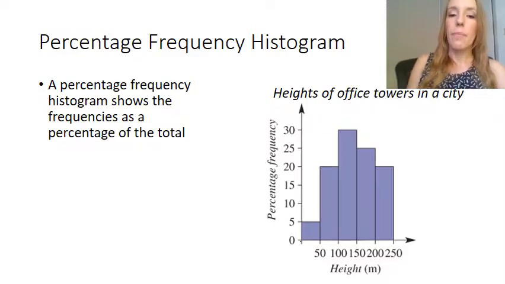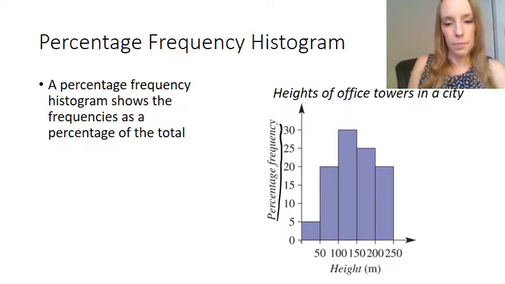And then if you follow it up, a percentage is on the side. So a percentage frequency. For instance, 5% of the buildings are under 50 meters tall. 20% of the buildings are between 50 and 100 meters. We've got 30%, which is the most common, between 100 and 150 meters tall. 25% 150 to 200 meters tall, and again 20% are between 200 and 250.